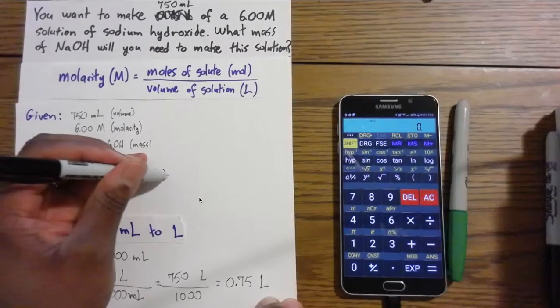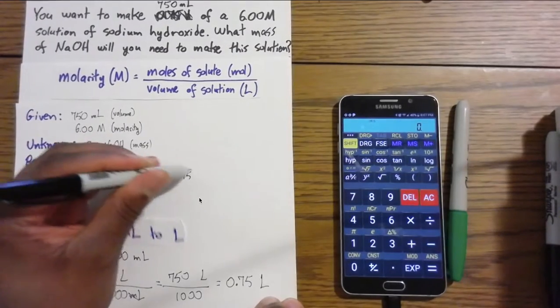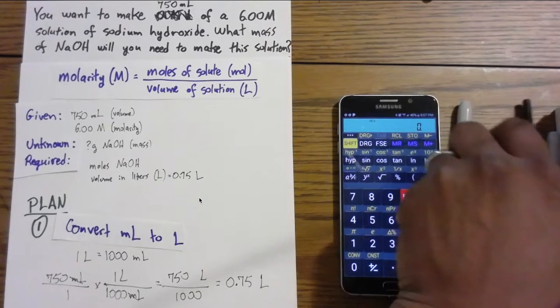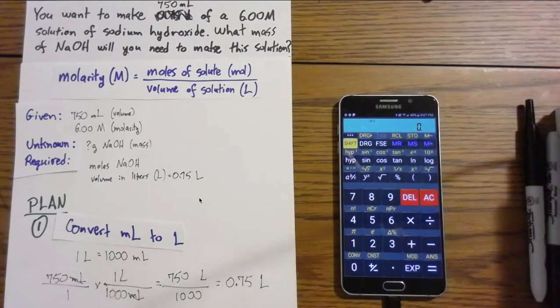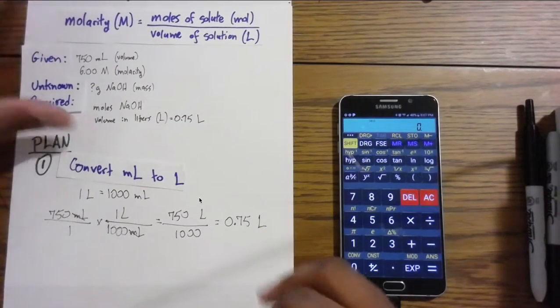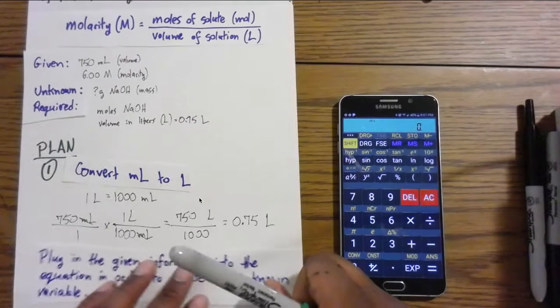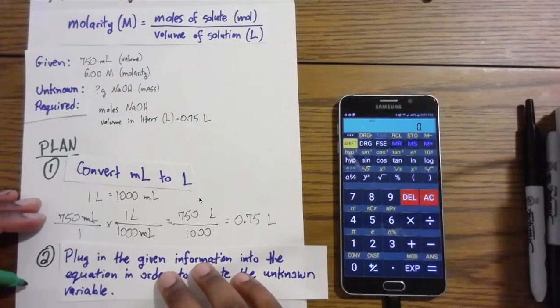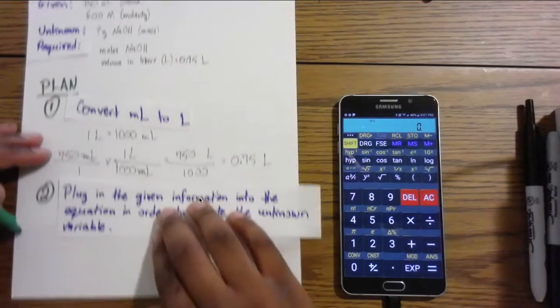So 0.75 liters, and now I'm going to go on to my next step, which is basically plugging in all the information. So I'm going to do that second, plug the given information into the equation.